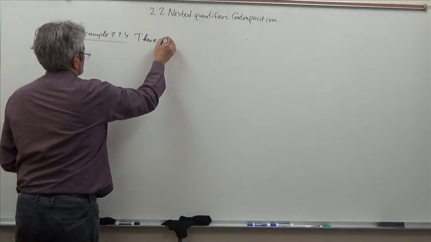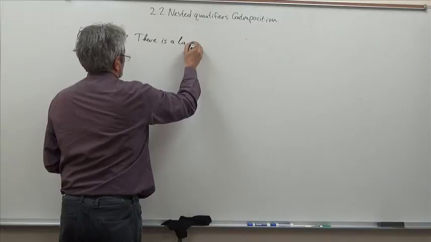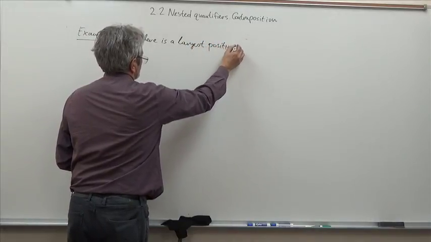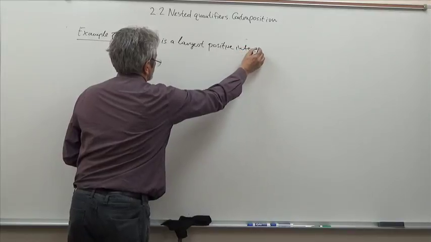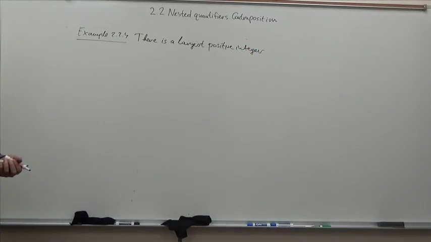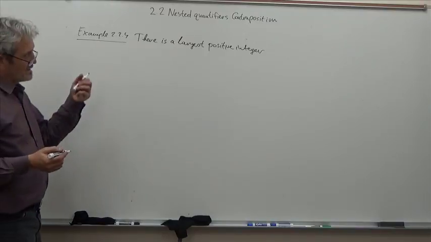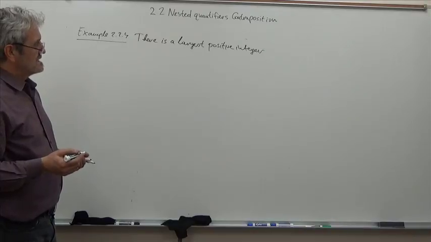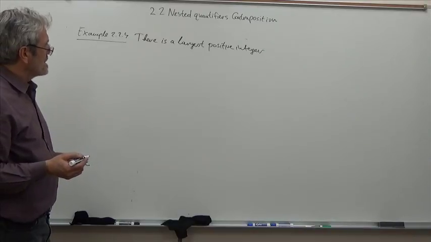There is a largest positive integer. So how would we write the appropriate mathematical sentence that will help us to understand this and check the validity of this statement more carefully?